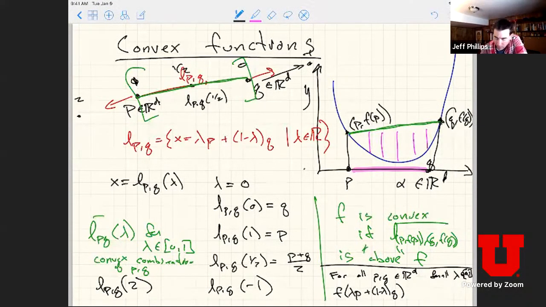I'll write this over again on the next page because it's getting scrunched, but I want it to be next to the picture first. That is less than or equal to lambda F of P plus 1 minus lambda F of Q.